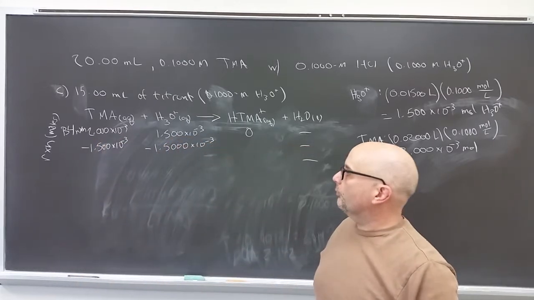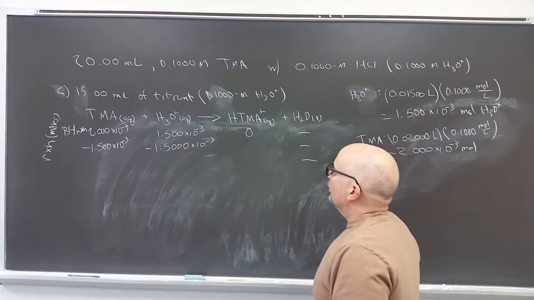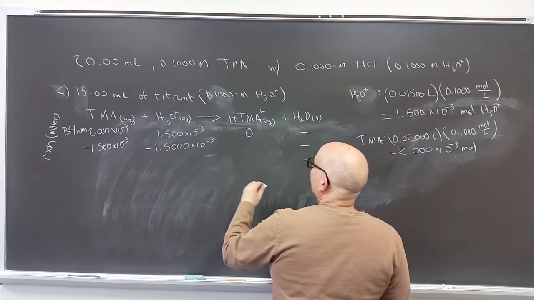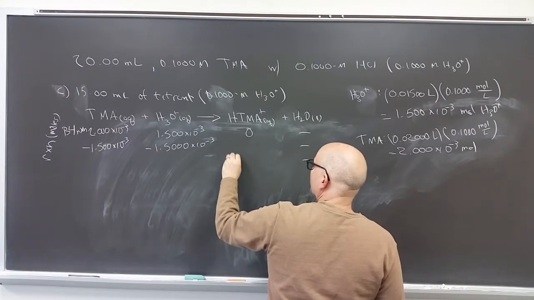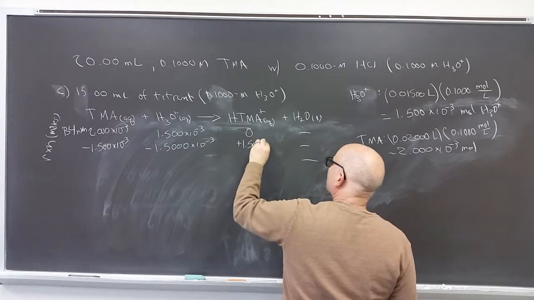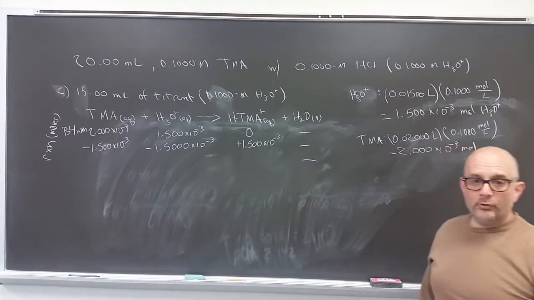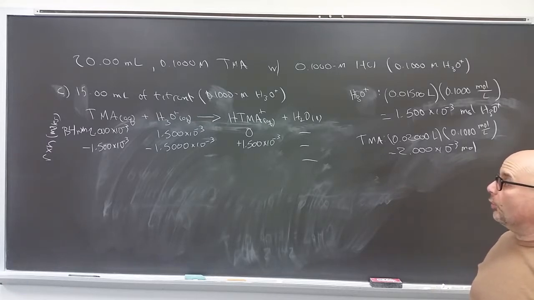And we'll also lose 1.5 millimoles of the trimethylamine, which will give us 1.5 times 10 to the negative 3, or 1.5 millimoles of the trimethylammonium as well.